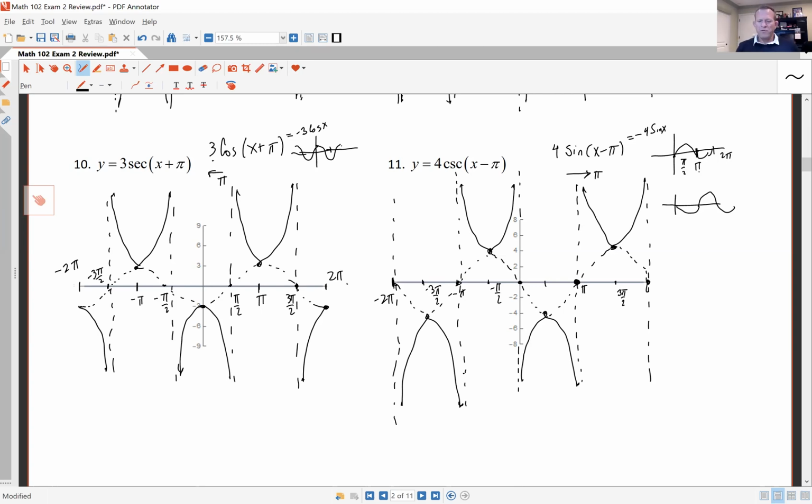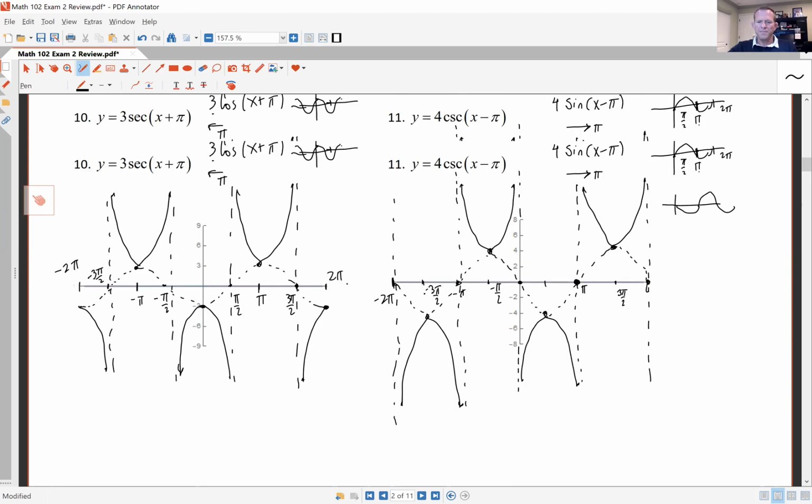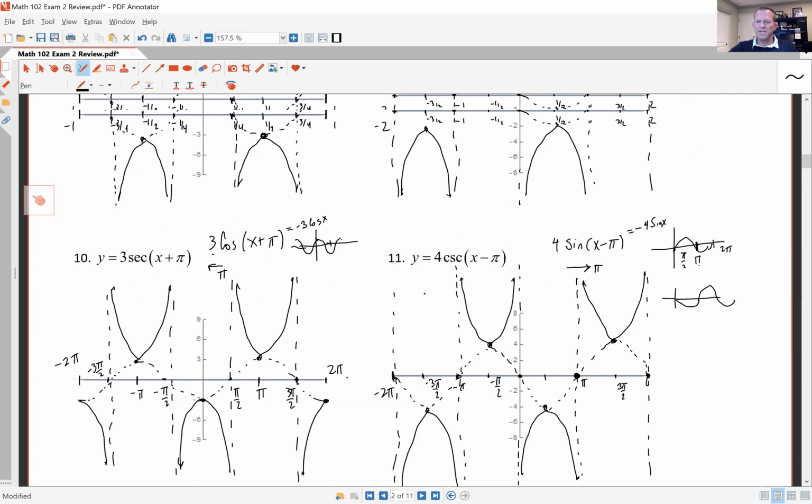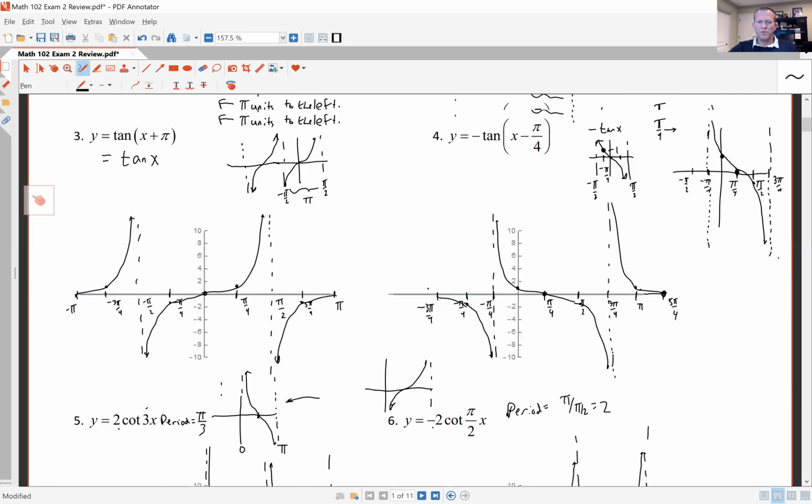And that's the graph of 4 cosecant x minus pi for 2 full periods. And this concludes the video for the review exercises for section 2.2.